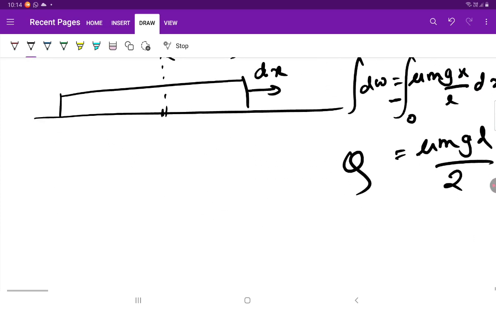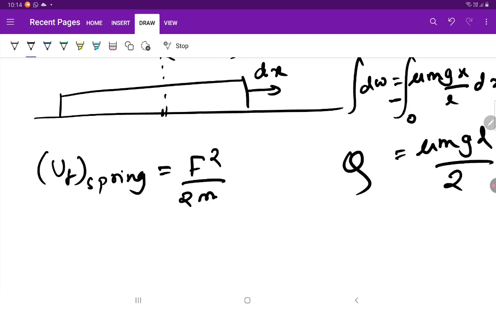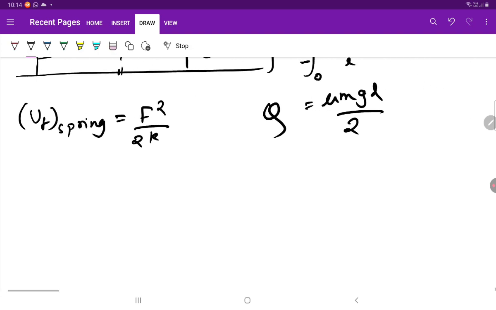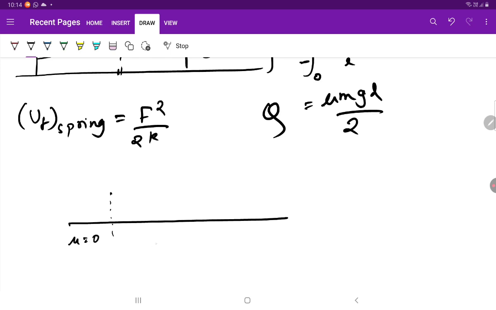Now can you tell me what will be the final potential energy of the spring? The final potential energy of the spring can be written as F square by 2k, where F is the force exerted by the spring. In the final state, this is my frictionless boundary. Here mu is equal to 0 and here mu is equal to mu. The block is completely dragged out of the frictionless portion, and the force F is applied with the spring.